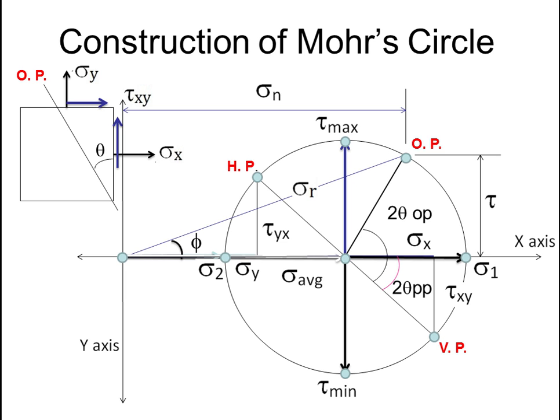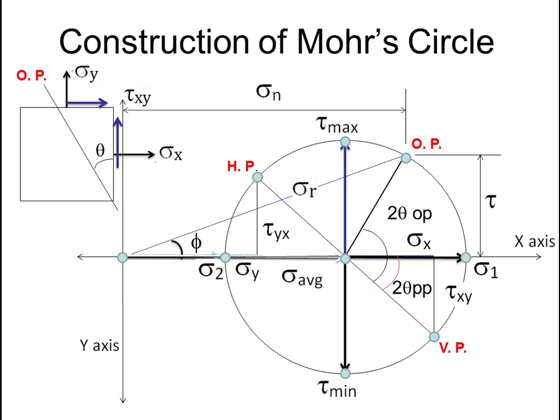Whatever the value is, we divide it by 2 and represent it in the question figure. Similarly, the angle between the major principal plane and the plane of maximum shear is 90 degrees, so in the question figure we represent the plane of maximum shear at 45 degrees.